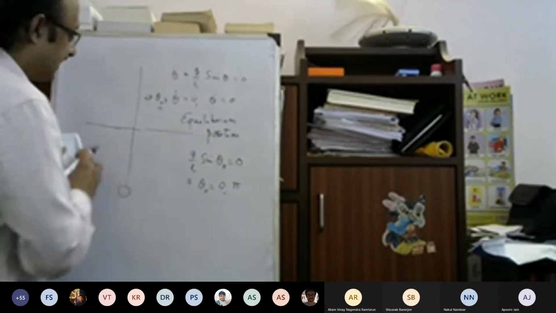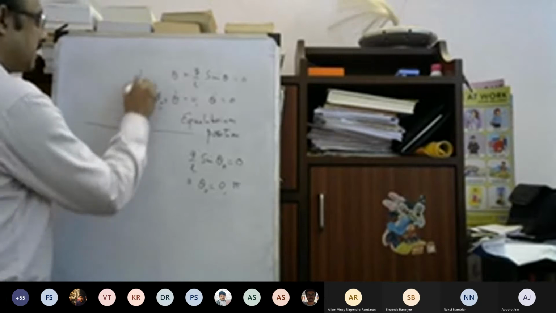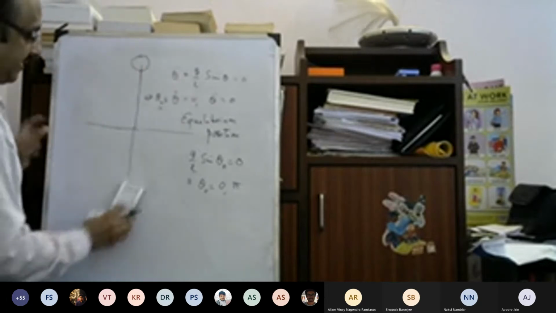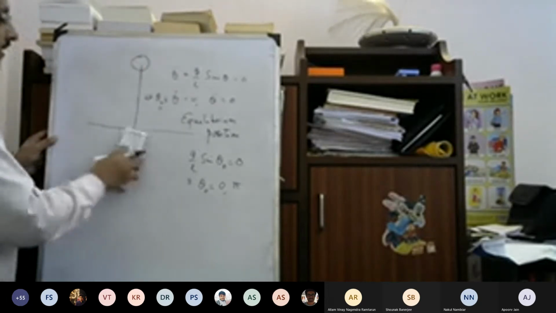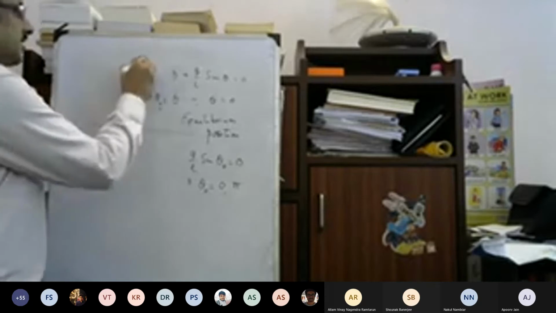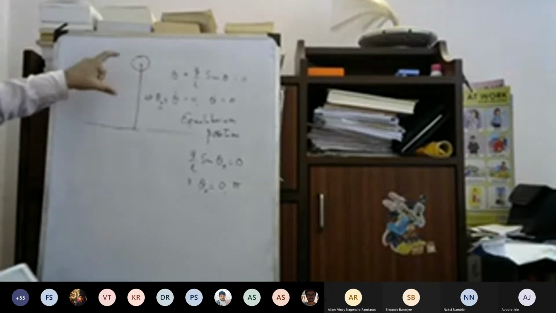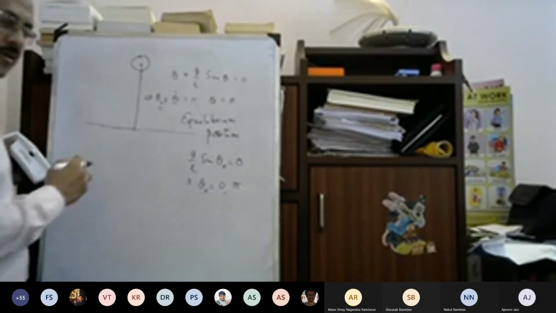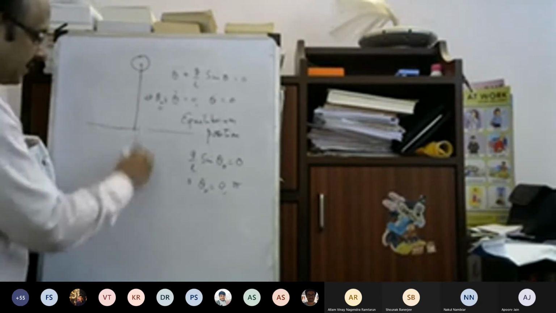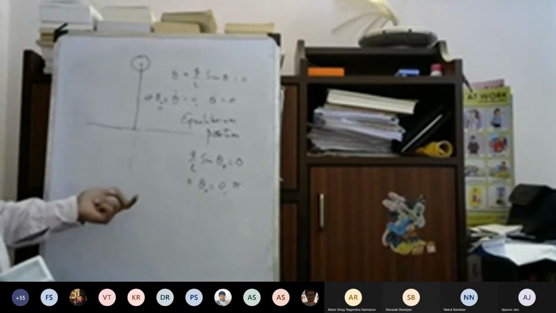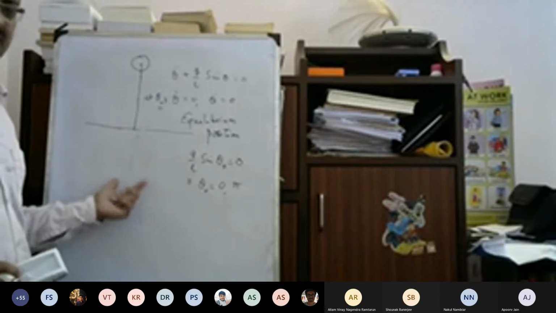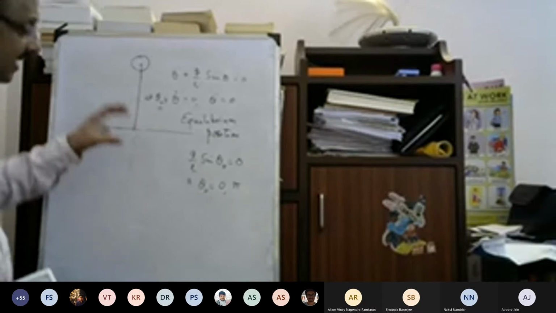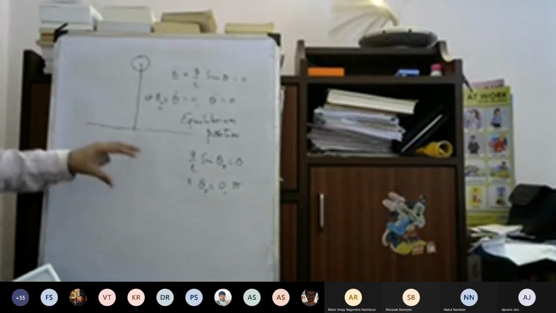What it says is that if the pendulum is kept here, then the equilibrium is also maintained. But first of all, a string will not do. In the earlier case we had a string connected to the mast and hanging down, so the string was under tension and it was possible to maintain the equilibrium.